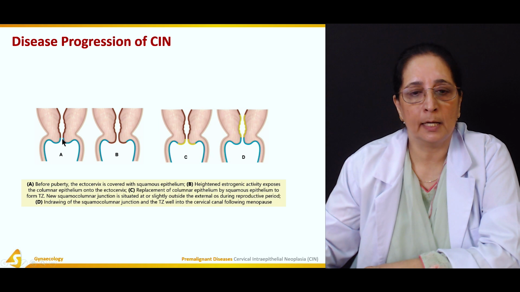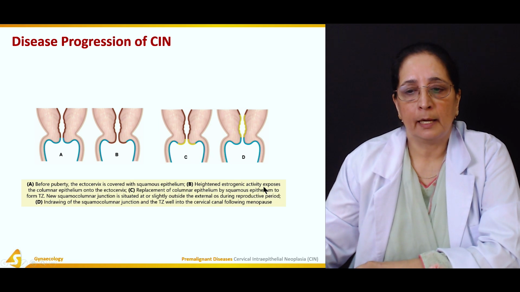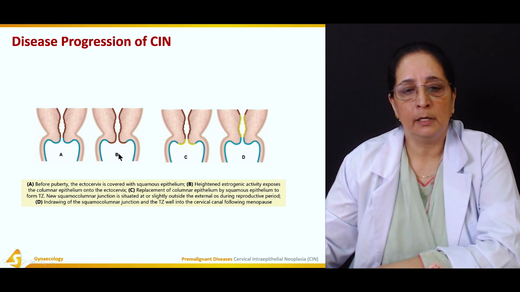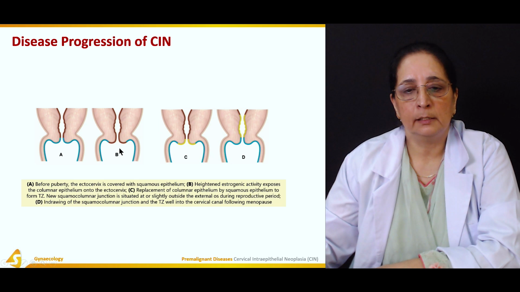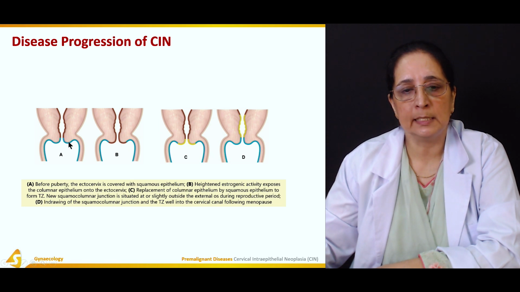Then after puberty, once the estrogen levels start increasing, the ectocervix is replaced by the columnar epithelium. So squamous epithelium, then columnar epithelium, and now this is the squamocolumnar junction.